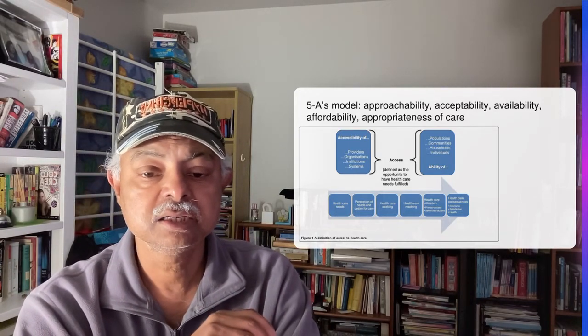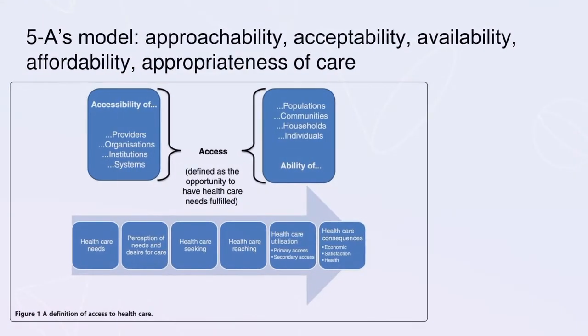But in addition to that, there are now newer models that have emerged. One of them is the 5 A's model that talks about the approachability of the health services. Are the health services being taken to you? For example, mobile clinics, or can the health service be so friendly and so approachable that people feel comfortable to go and use them?